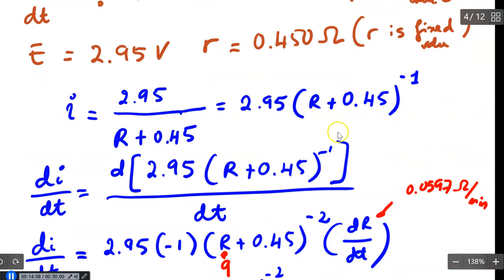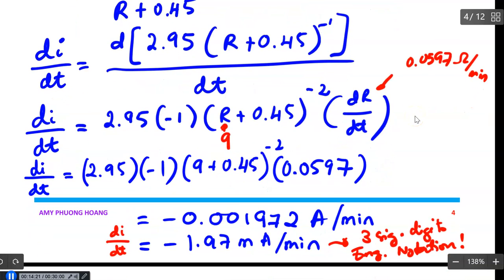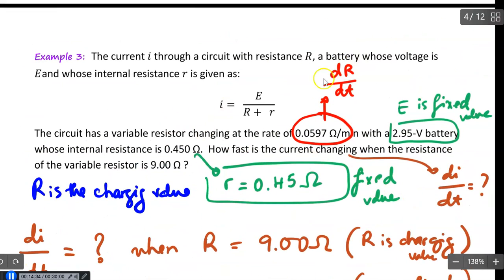So differentiate this implicitly, and because we differentiate everything in terms of time, so we need to multiply by dR/dt, and the value is given to us here. Then in the end, this is the answer that we have. Alright, and we will put our answer in 3 significant digits and also in engineering notation. The reason we put 3 significant digits is because all the values given to us are in 3 significant digits.